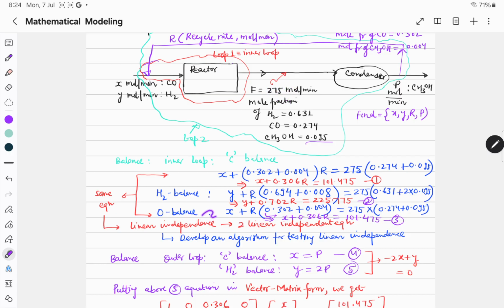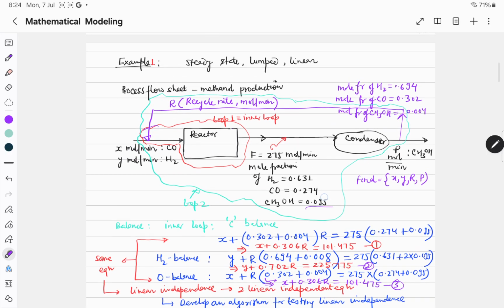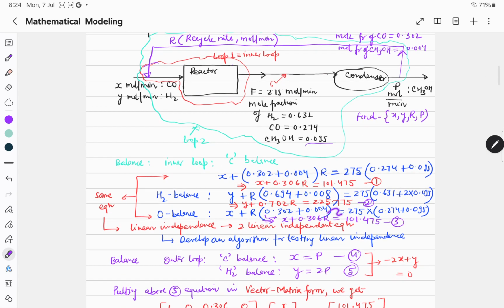And if you apply the O balance, then O is in CO and O is in CH3OH. So x plus 0.302 plus 0.004 multiplied by R is equal to 275 multiplied by out, 0.274 plus 0.095, where F is 275.